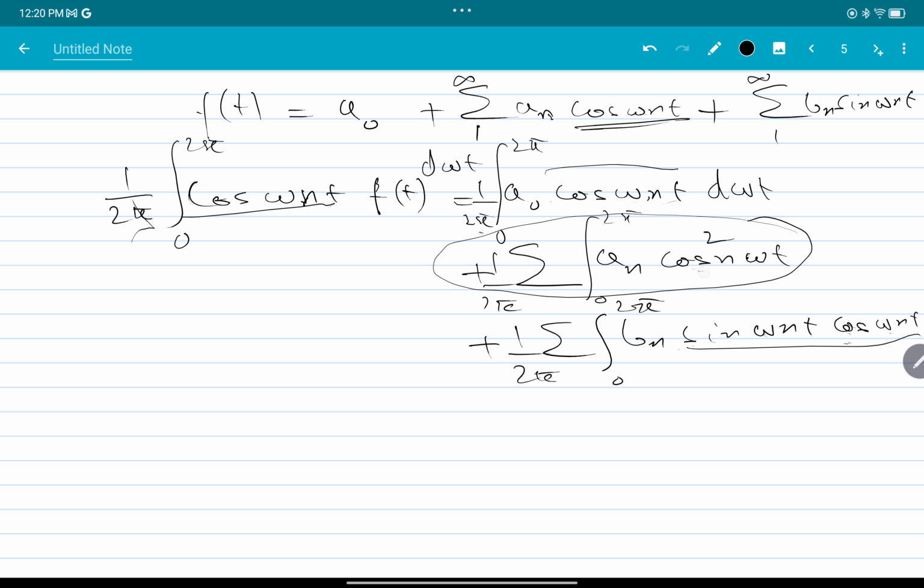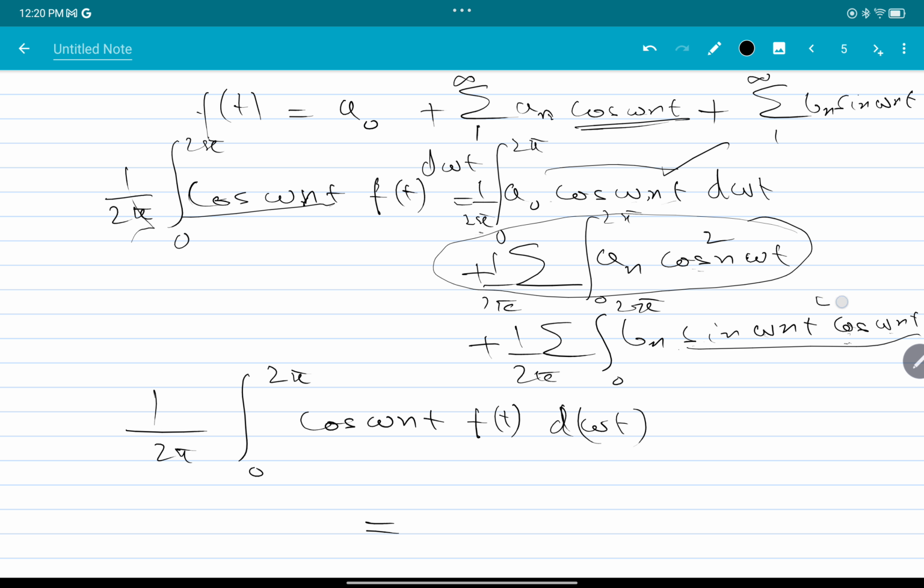When we take that, we have 1 by 2 pi, 0 to 2 pi, cos omega n t f(t) d omega t, is equal to, now this vanishes, this last term also vanishes, only the square term remains there.